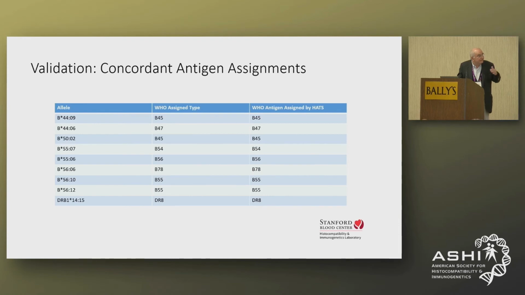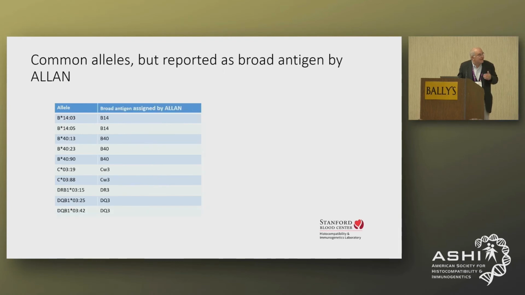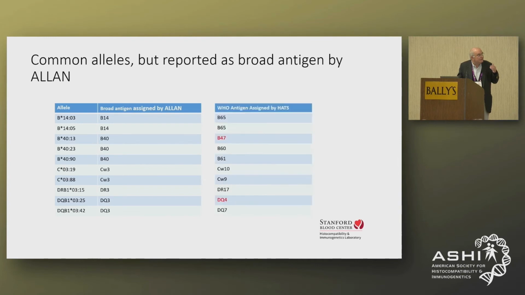So we did a validation based on pre-existing data, and Alan doesn't cover some of these serotypes at the split level, but you can see the two B14s would come as B65 based on the residues that we selected for defining those as well.